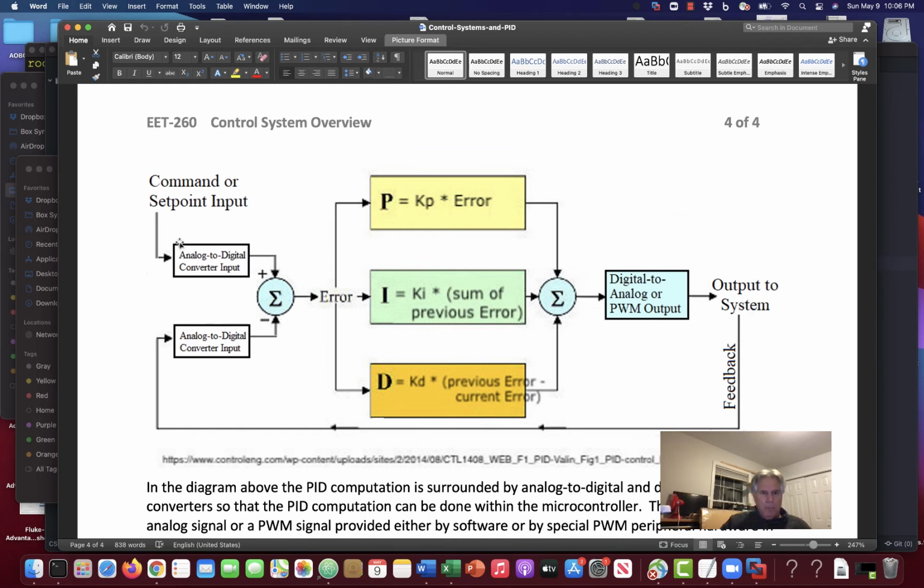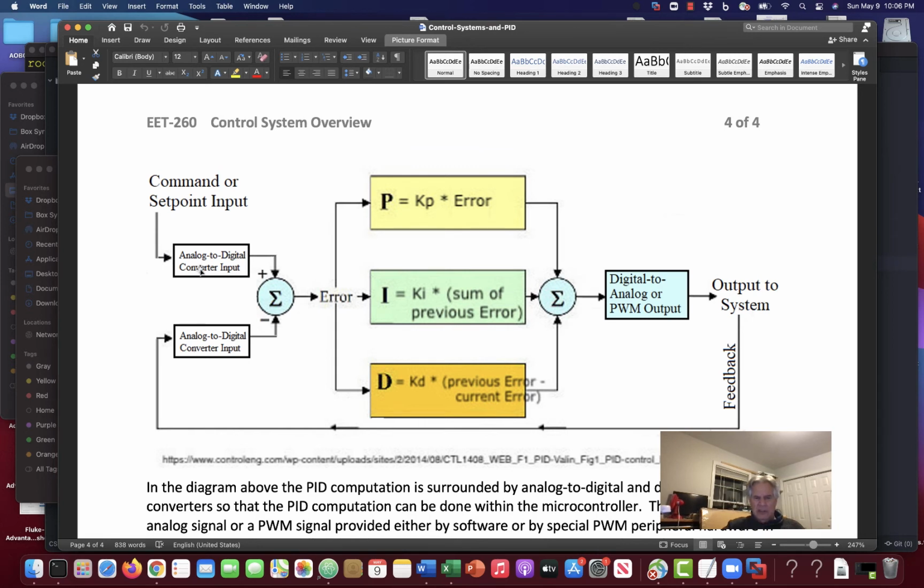So where we have a command input, that command input may be analog, and our feedback may be analog. Not always that way, but if they are analog, we can use analog to digital converters, which on many microcontrollers nowadays are available built right onto the chip.